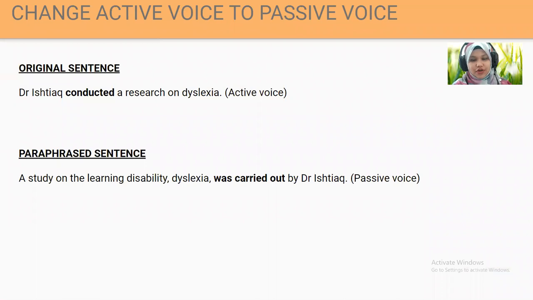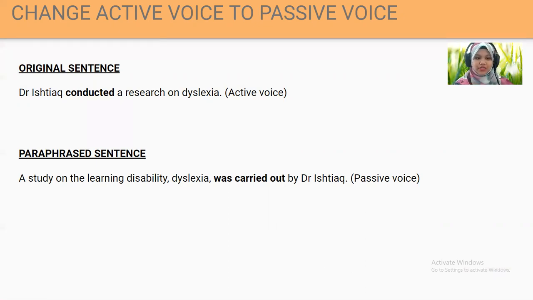So change active voice to passive voice. This is very simple. This is the first example. This is the original one: Dr. Ishtiaq conducted a research on dyslexia. You normally change the verb from active to passive. So this is active verb.